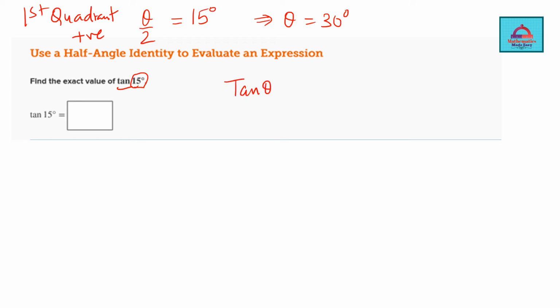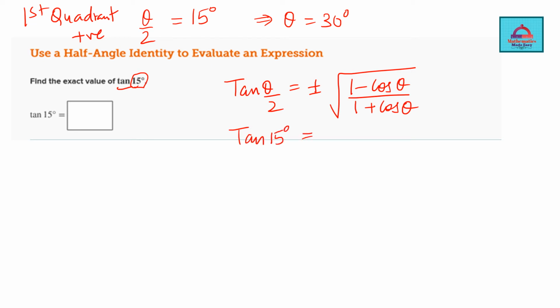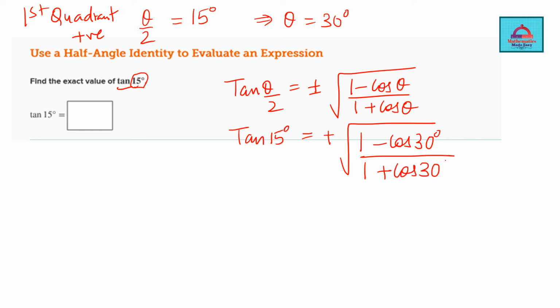So the half angle identity that we'll be using here is plus minus square root of 1 minus cos theta over 1 plus cos theta. So let's plug in the value to get tan 15. So if theta is 30 and I'm now only taking positive value since everything is in quadrant 1, 1 minus cos 30 over 1 plus cos 30.